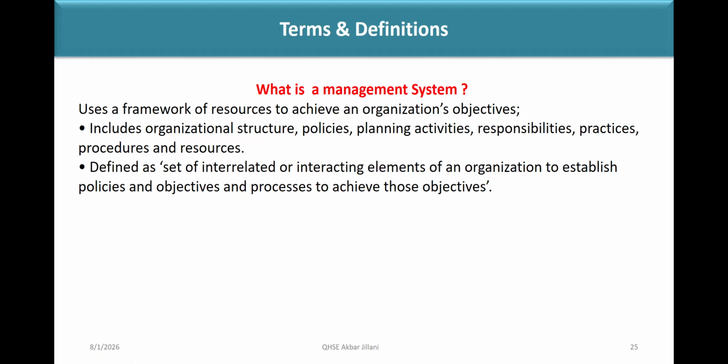And to achieve our objectives, we develop different procedures. So the procedures support the objectives, the objectives support the policy, and the policy supports the management, or the organization. Clear? This is very important.